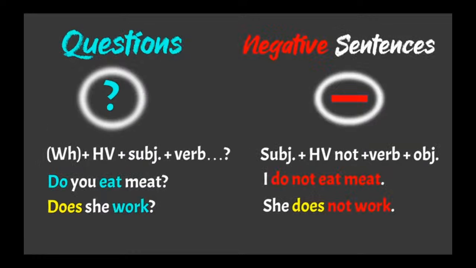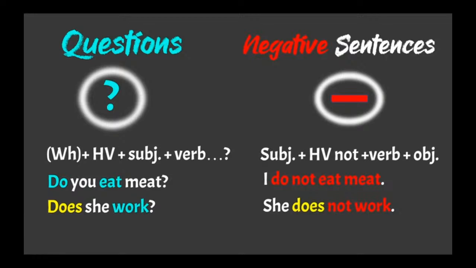So, to make questions, we need the following formula. WH, question word. So that would be who, where, when, how, etc. If you have them. Then HV for helping verb or auxiliary verb. Then we need the subject because it's a question, right?